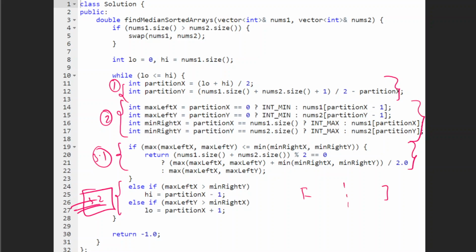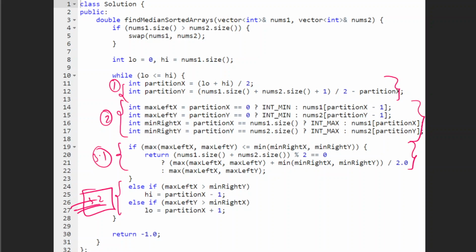It's like the partition was on this side, the px was pointing at this element. Now it's a very big element, so we are going to move our high pointer to this one so that we can search among the smaller x values. That is why we change our high value to partition x minus 1.